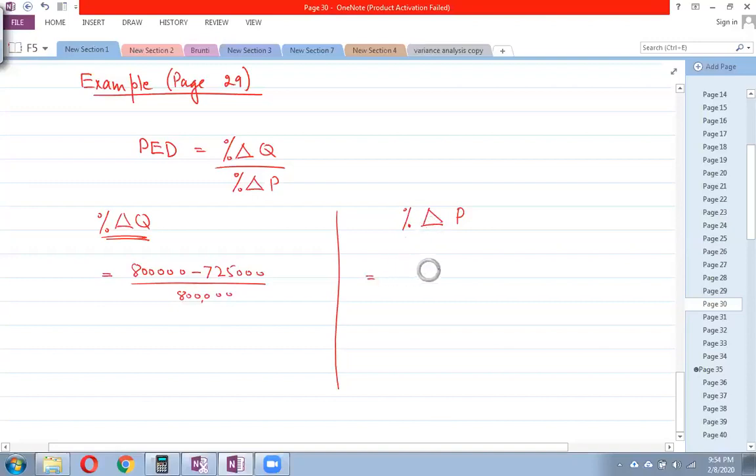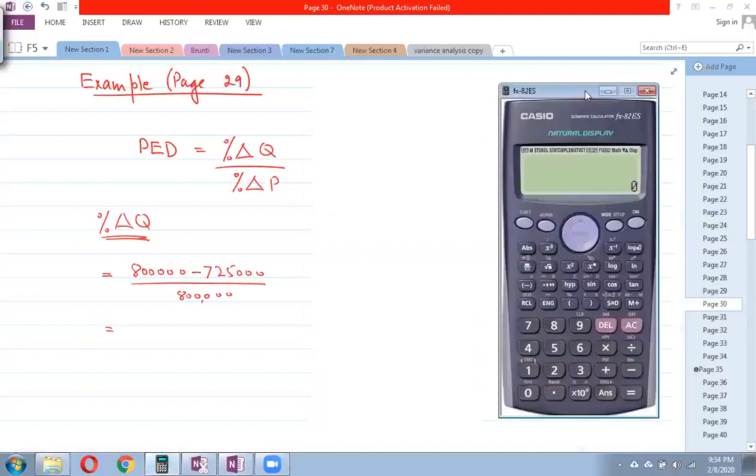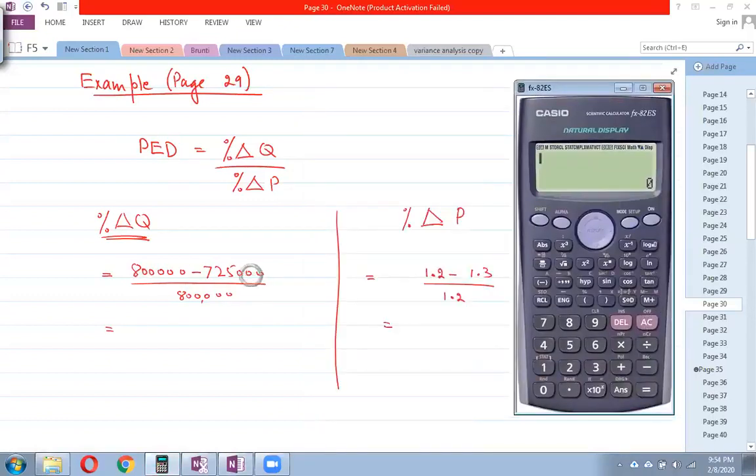Now again, for price, the original figure 1.2 minus the new figure 1.3 divided by the original figure 1.2. And if there are any negative signs, we'll ignore them. So this minus this will be 75,000 divided by 800,000, which is 0.09375. In percentage, if you multiply it by 100, it will become 9.375%.